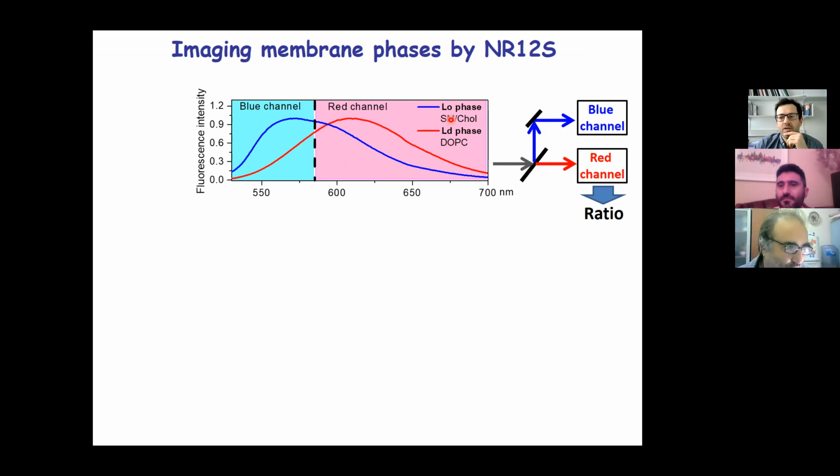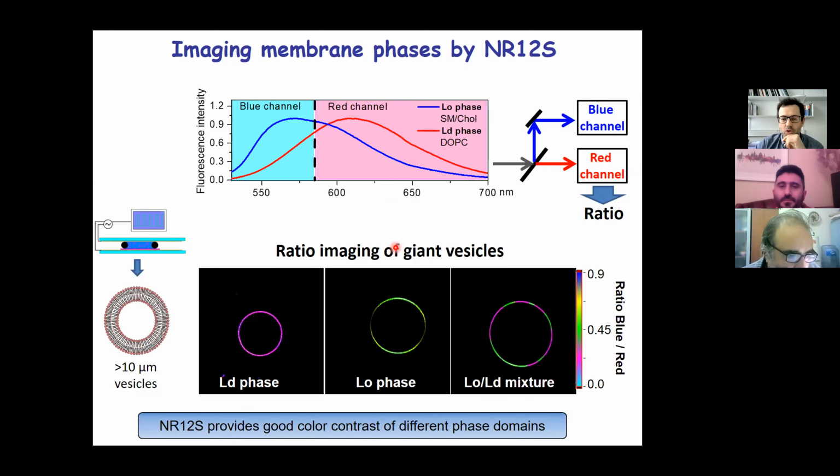So, and then we record the red channel. It will be rather the disordered phase, which will be more visible. So now when we go to imaging of giant vesicles, which are model membranes that can be generated by the electroformation method, in the liquid disordered phase, you would see a different color from the liquid ordered phase.